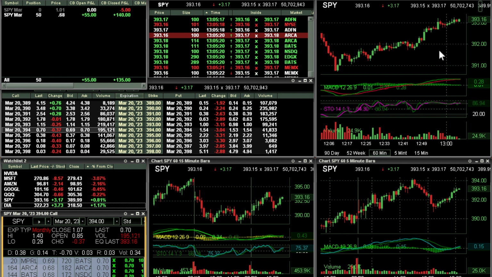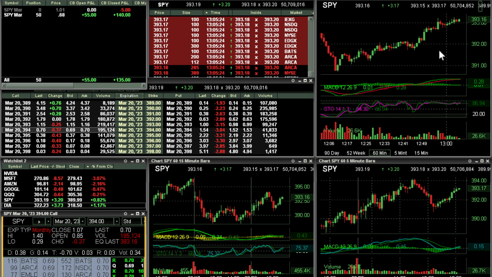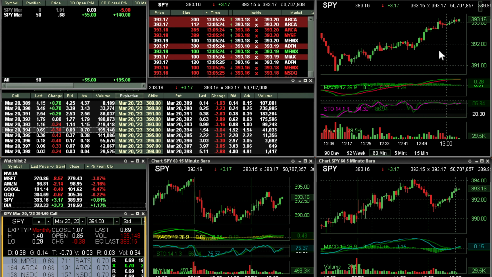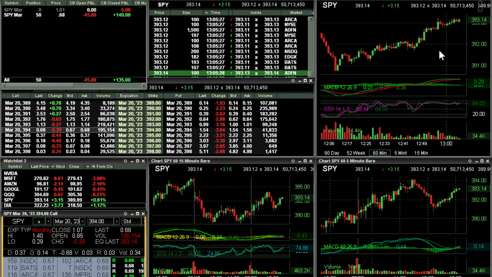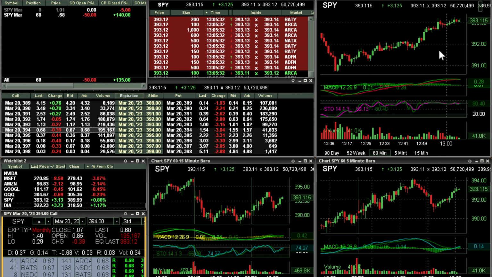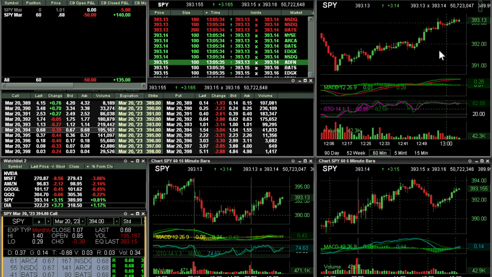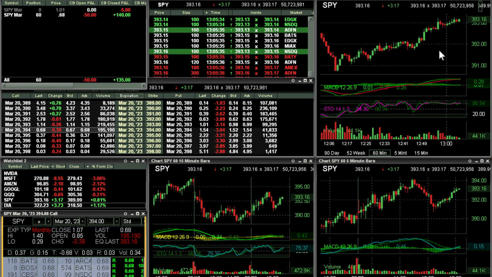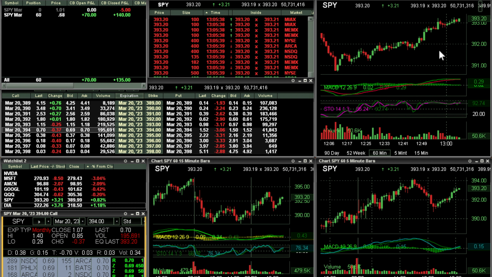If it moves up, I should be able to make my $500 on this trade, a small one basically. I'm holding 60 options at this moment in time, guys.